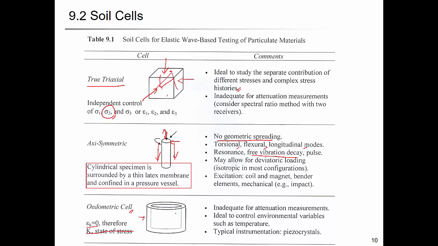So you apply the horizontal stress, how much is it? K0 times vertical stress, right? That's proportional to the vertical stress. It also has the same limitation as the true triaxial cell.